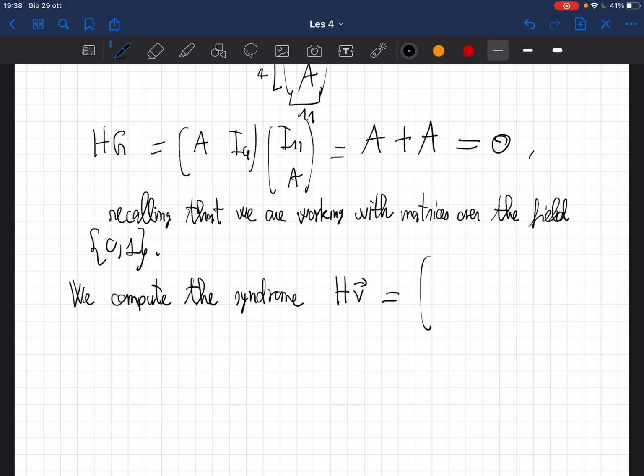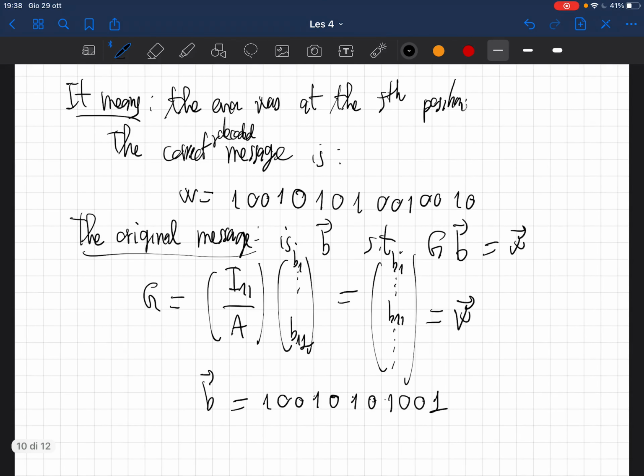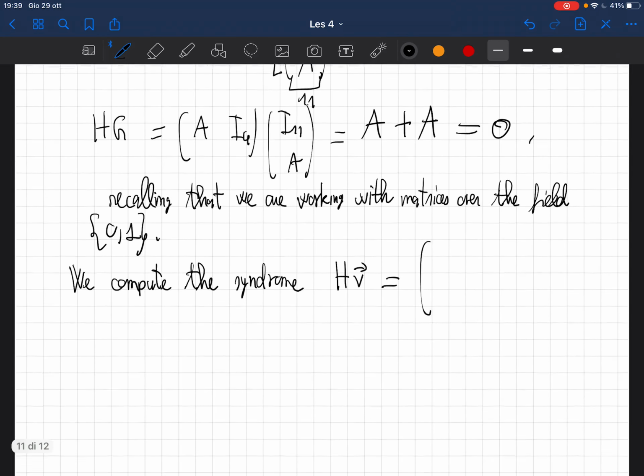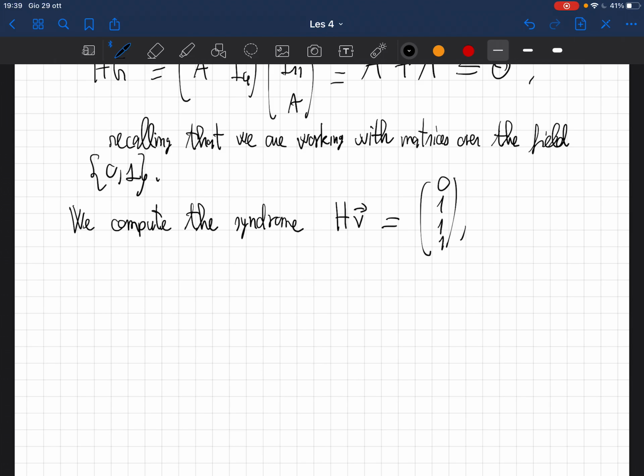You don't have to make the computation explicit here because it's very long and very cumbersome. So just copy the final result, which was 0 1 1 1, which is the fifth column of H.